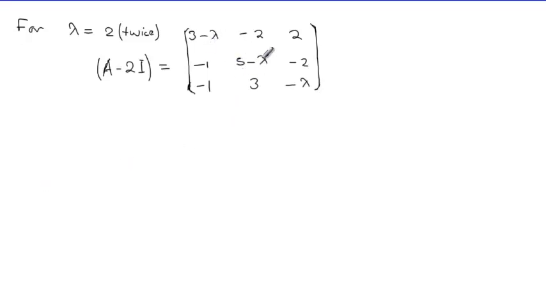Now this kind of matrix will come out this way. We're going to have 3 minus 2, 1, minus 2; 2, minus 1, 5 minus 2, we get 3; here minus 2, minus 1, 3, minus 2.